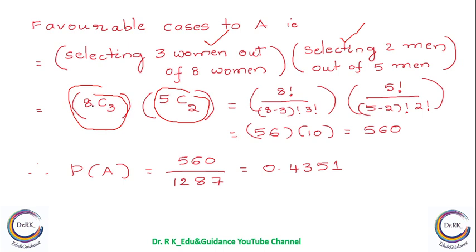Now the same formula: 8C3 means 8 factorial by (8 minus 3) factorial into 3 factorial. Similarly 5C2 is 5 factorial by (5 minus 2) factorial into 2 factorial. Here the formula is nCr equal to n factorial by (n minus r) factorial into r factorial. So 560 are in favor of this event. 1287 is the total in the sample space, out of which 560 are in favor. Therefore the probability is this.